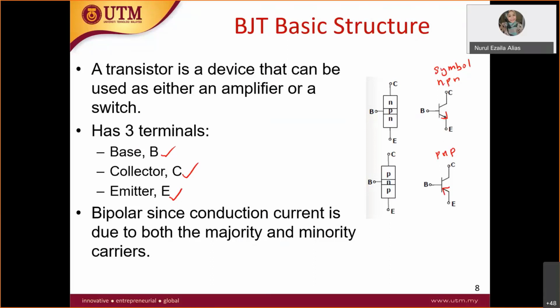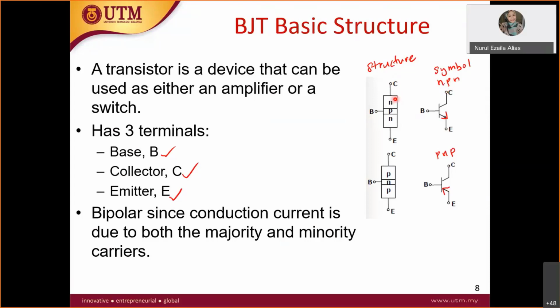This is the basic structure inside your BJT. You have base, collector, and emitter. The collector is made up of N type, the base is made up of P type, and the emitter is made up of N type, as you can see here. So this is for the case of NPN.